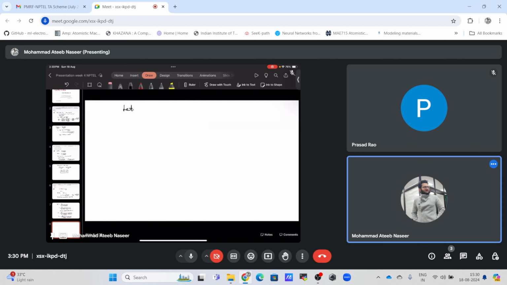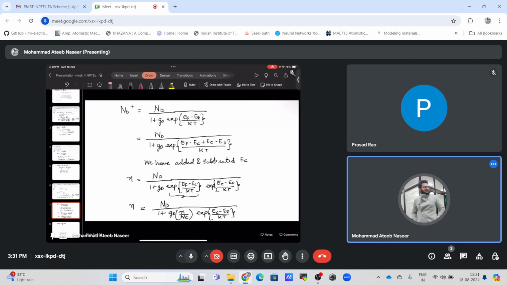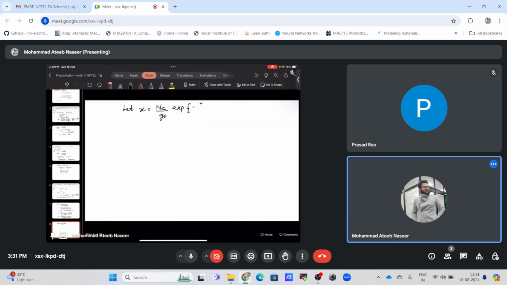Let X equal Nc by Gd exponential of minus EC minus ED by KT.